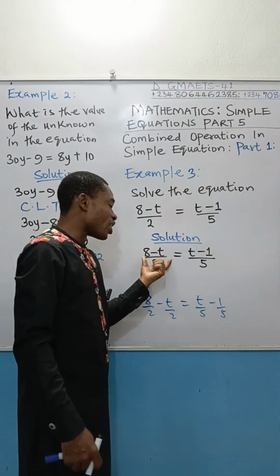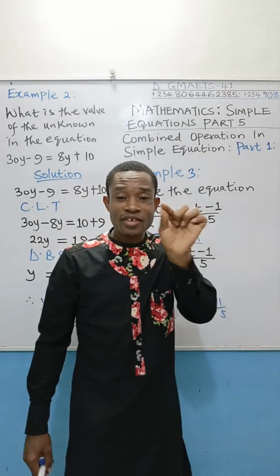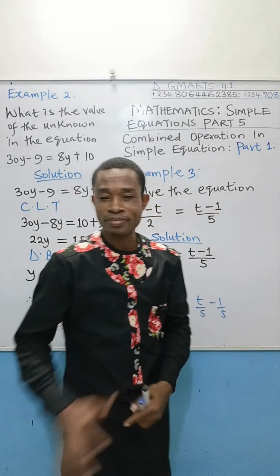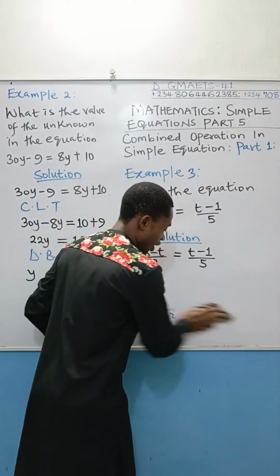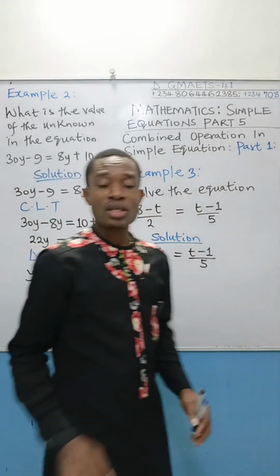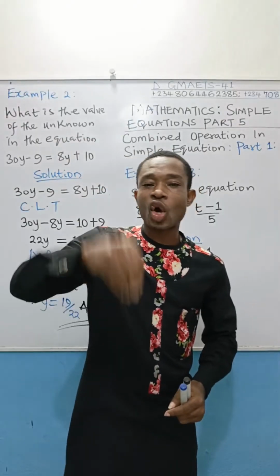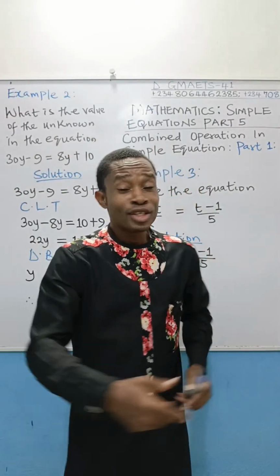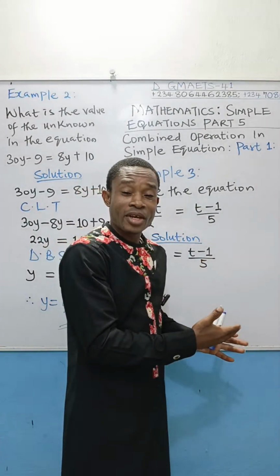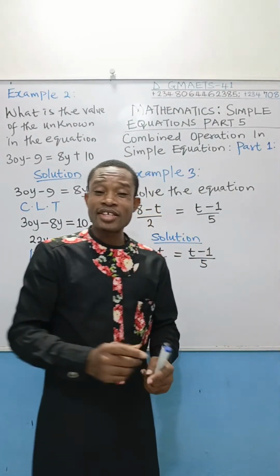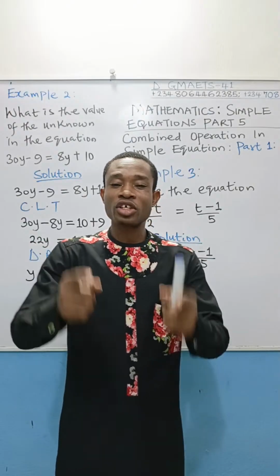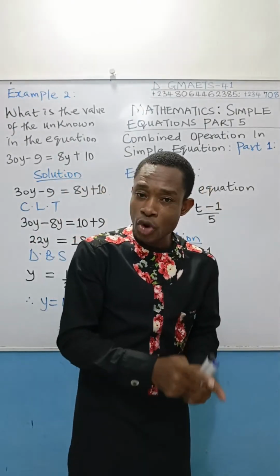When we have a single fraction, you would only see one division sign there. And that is what we have in this question, because we have this single fraction and the fraction contains the unknown. The unknown here is t. So this simple equation is in fraction form and the fraction contains the unknown.